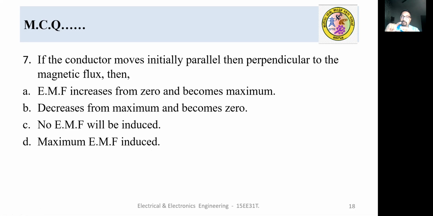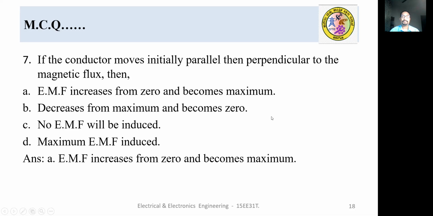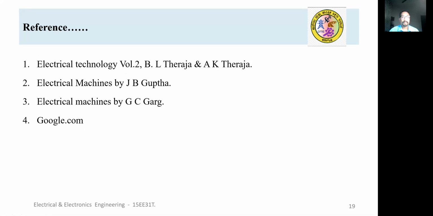Initially, the conductor moves parallel: no EMF, or 0 EMF. Then it becomes perpendicular. When it moves perpendicular, maximum EMF will be induced. That means EMF increases from 0 and becomes maximum. So the answer is A.